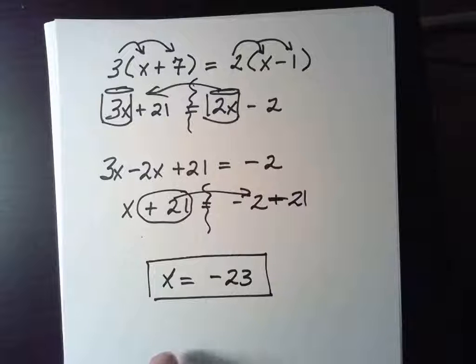And that's how you use the distributive law. Now, usually after you use the distributive law, you go into our third rule, which is combining like terms. Now, you can have combining like terms without the distributive law. It just depends on how the question is set up.